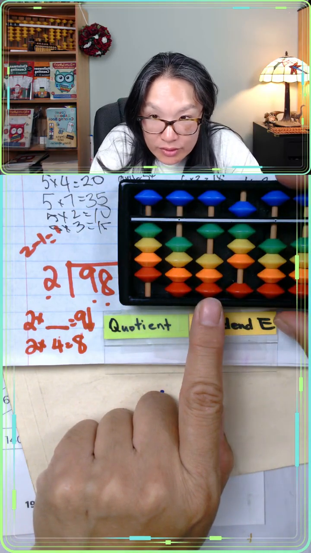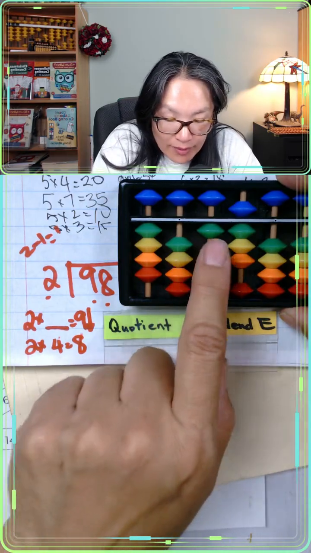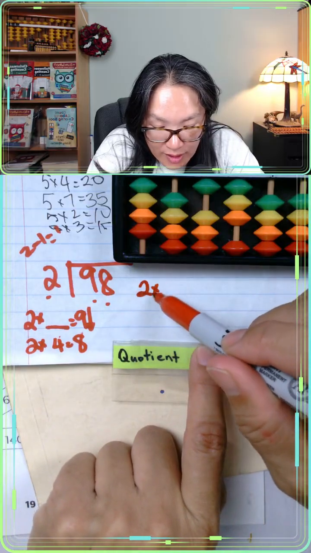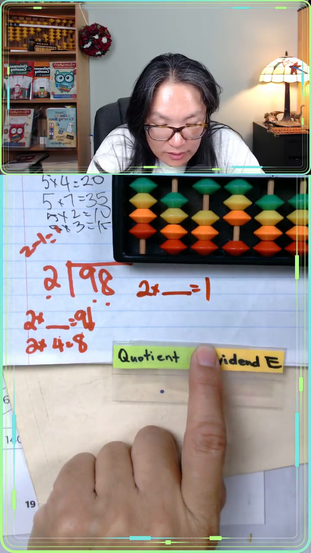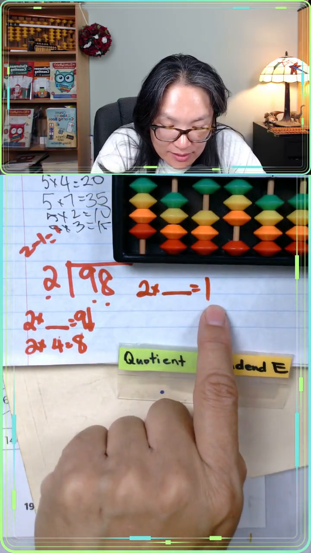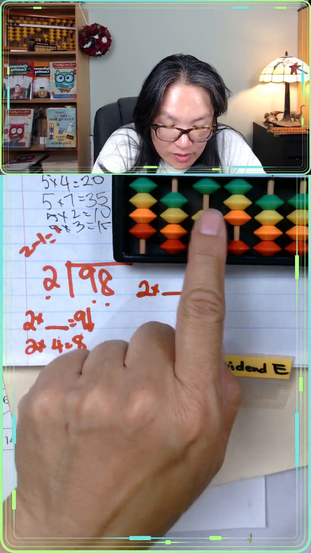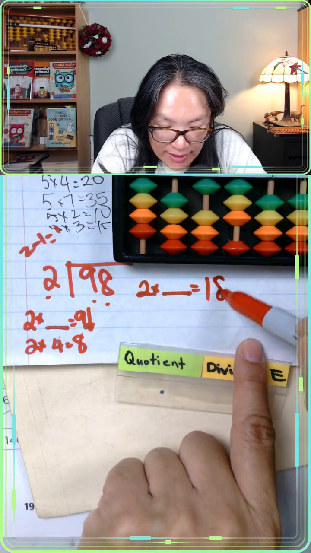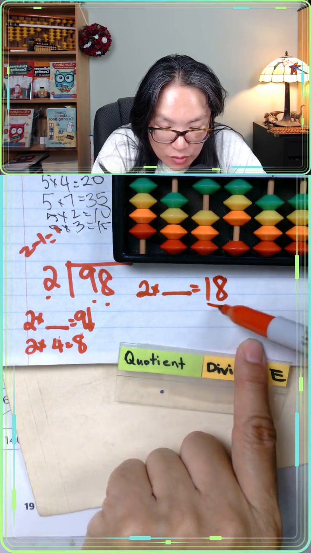And now what am I going to do? Well, I have my 1 over here. So my question goes back to 2 times what is equal to 1. Well, there is no multiplication fact that says this. So that's the reason why I have to bring down my 8. So I have to actually do 18. I have to make it 2 digits.